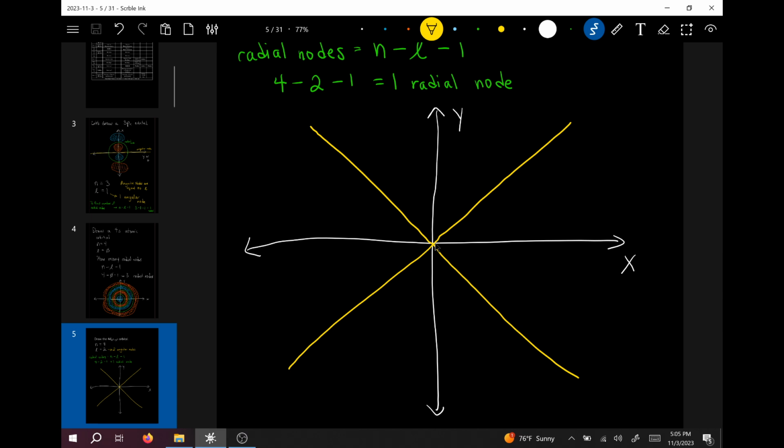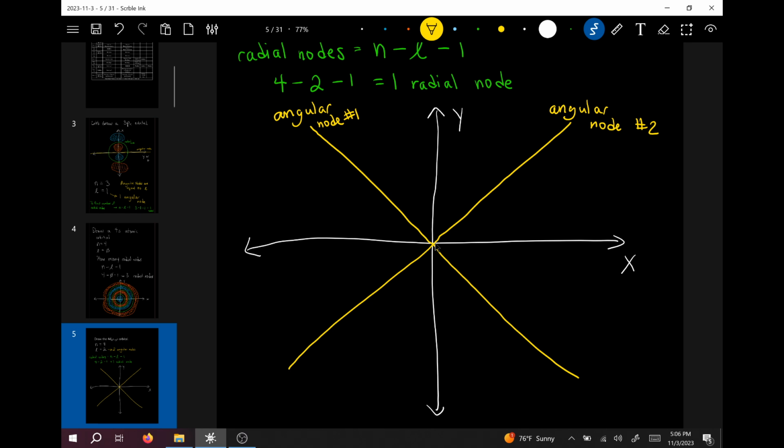So I'm going to label, and it doesn't matter which of these angular nodes I label, one or two. I'm just going to label them so that if I were grading this question, I know that the student can identify what the angular node is. So I'm going to label this one angular node number 1. And then this one's going to be angular node number 2.